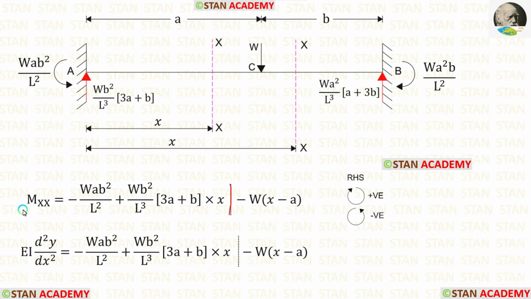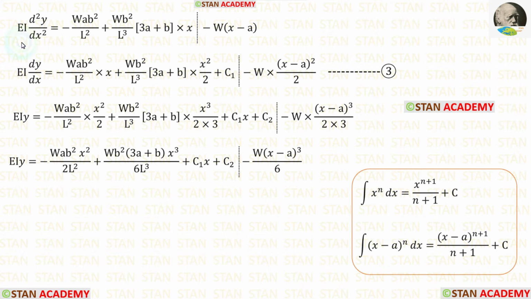Now let us equate Mx with EI d square y upon dx square. Now let us integrate on both of the sides. When we integrate EI d square y upon dx square, we will get EI dy upon dx. For integrating these two terms, we can apply this formula.